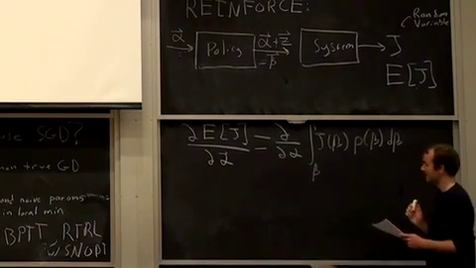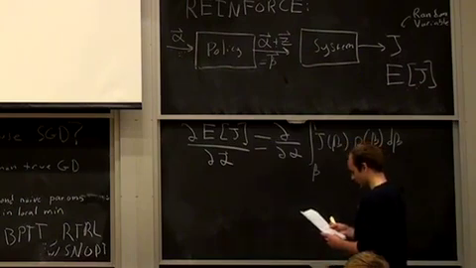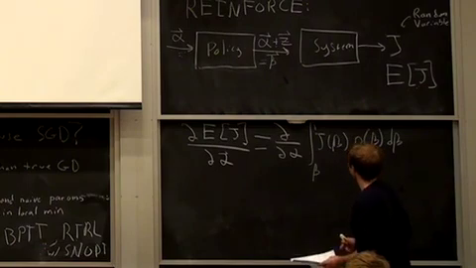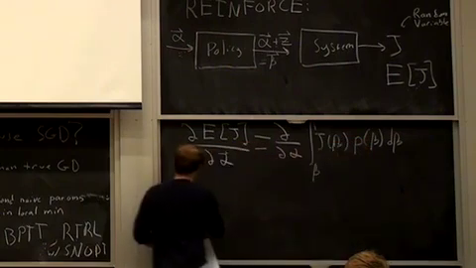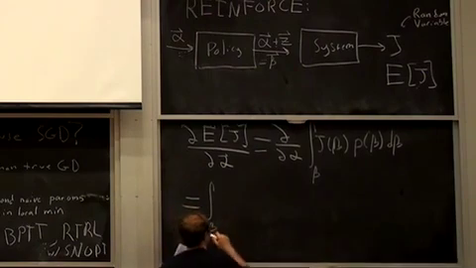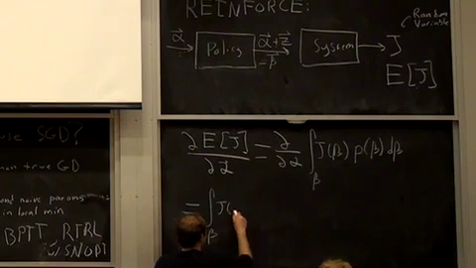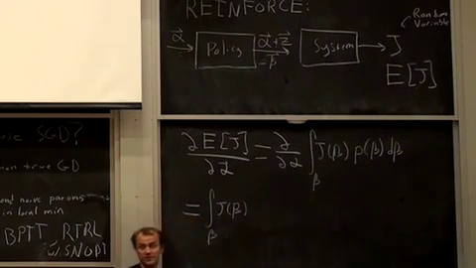Now, if you push d alpha through for a beta, what you're going to find is that j of beta is not a function of alpha.